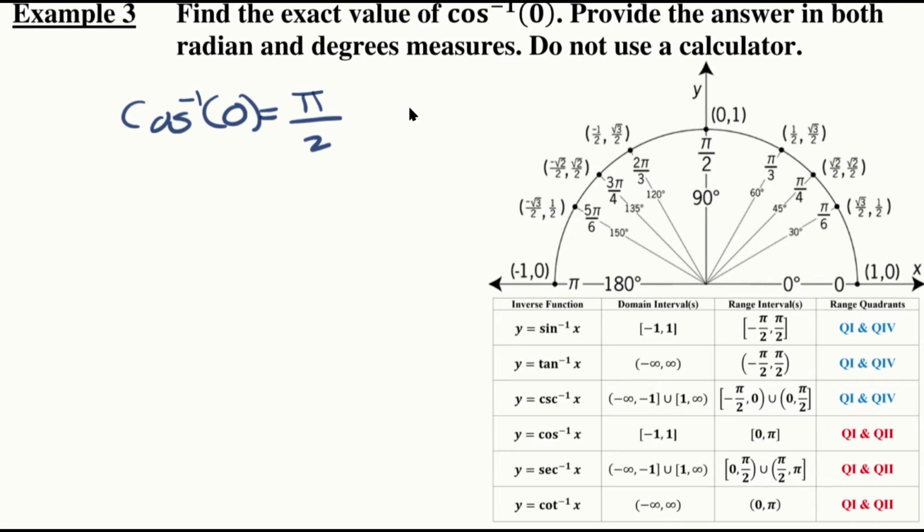And we also want to find it in degrees, and of course we know that pi over 2 corresponds to 90 degrees. So we can also say the inverse cosine of 0 is 90 degrees. And that's as simple as that can get. Always remember, when looking for inverse cosine, look for some angle in that zone with the cosine that you are looking for. And that's how you do those.